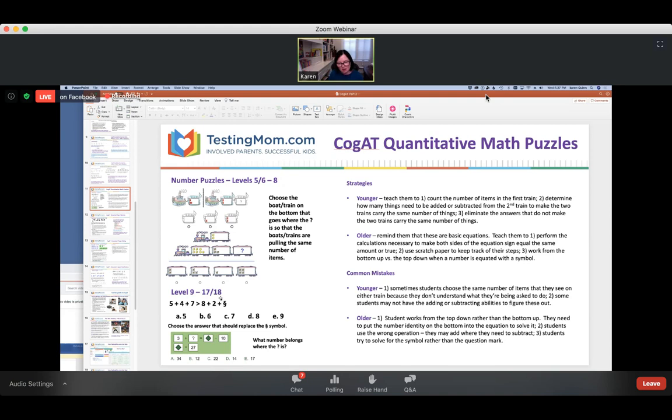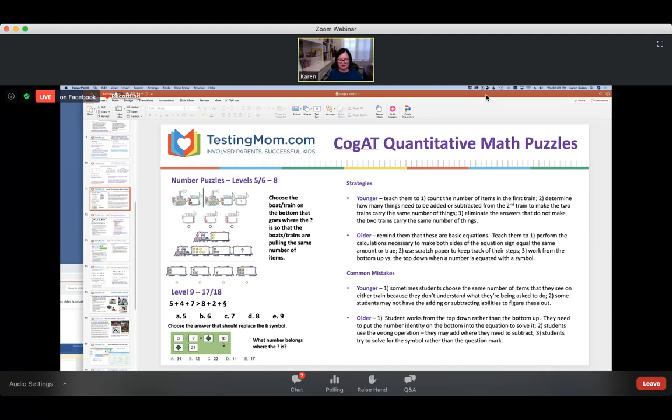And then, as the kids get older, they will see equations like these, which would be equal or more or less. What we have here is 9 plus 7 is 16, which is more than 8 plus 2, which is 10, plus 5 to make it 15. And that's going to be the answer.